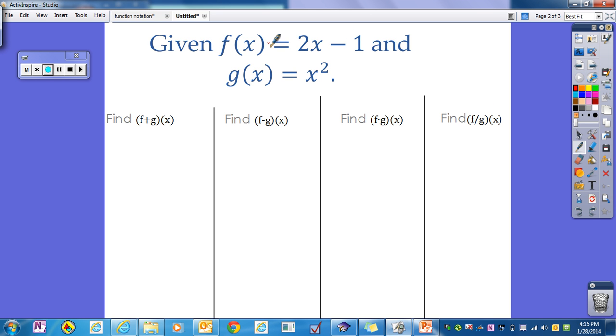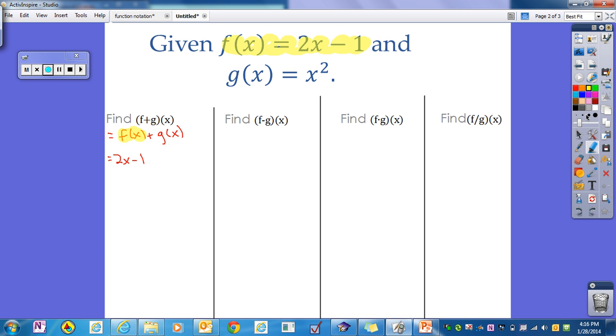Let's say f of x equals 2x minus 1 and g of x equals x squared. The first one: find f plus g of x. Well, that's equal to f of x plus g of x. Now all I have to do is substitute. f of x is 2x minus 1, so I substitute 2x minus 1.